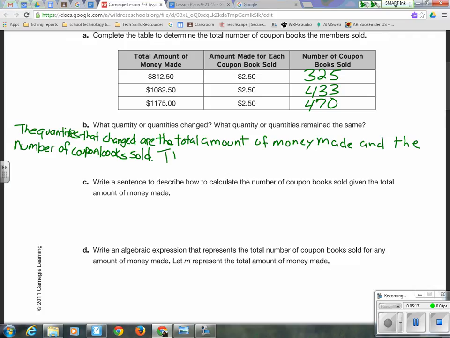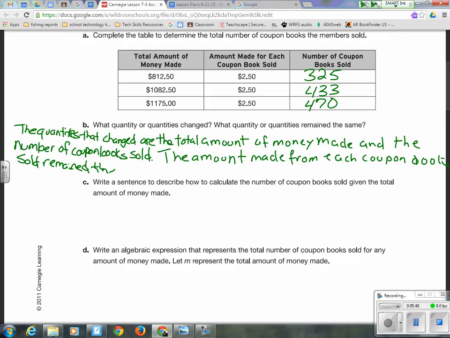So there's my sentence. The amount made from each coupon book sold remained the same.